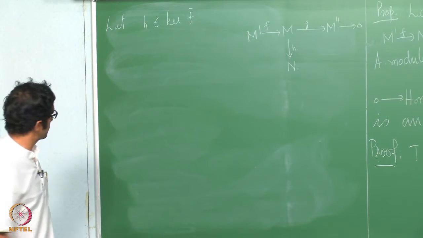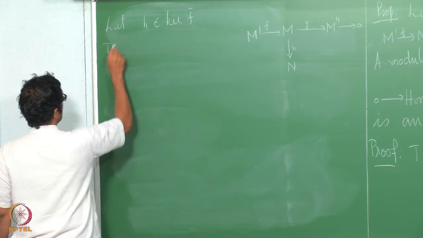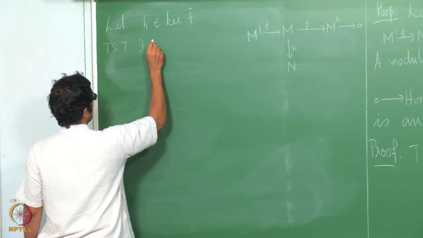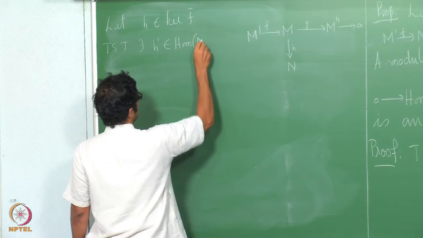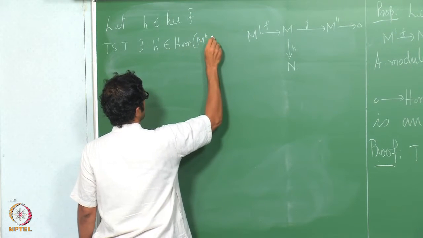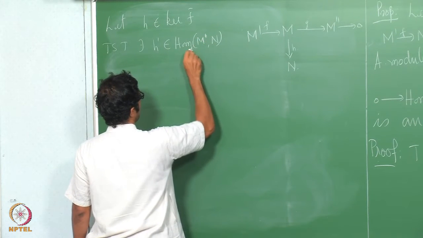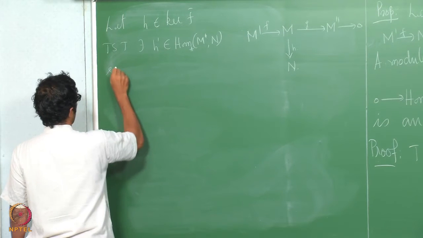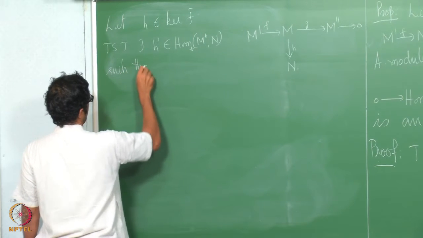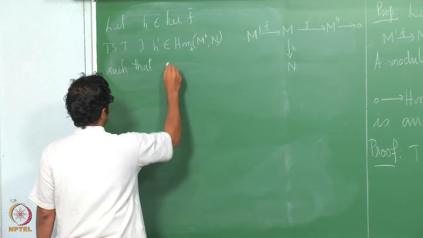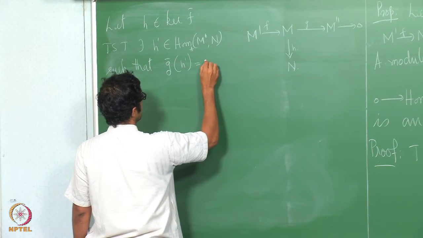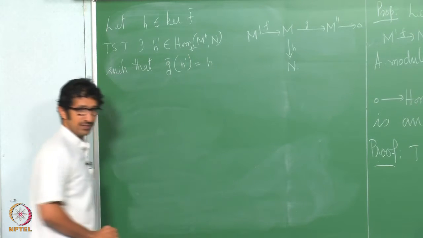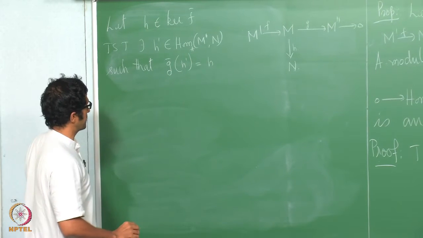What is that I want to prove? I want to show that there exists some H prime in hom m double prime n such that G bar of H prime is H. But what is G bar of H prime?